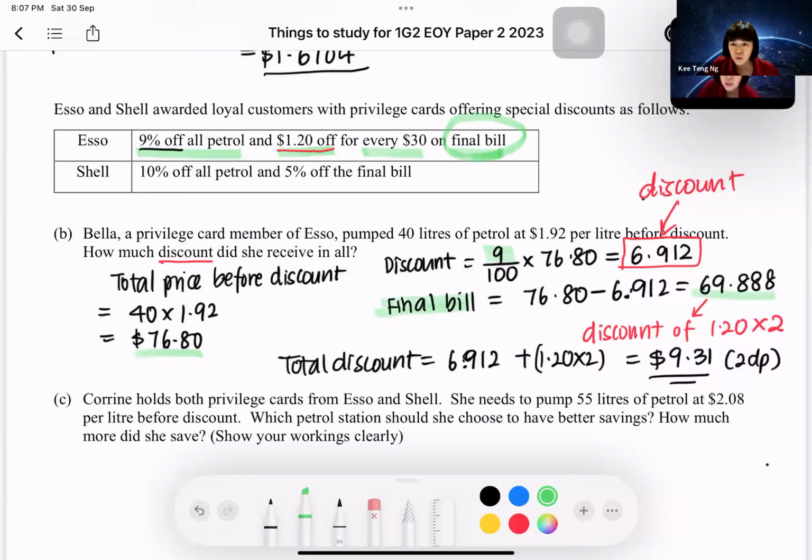And this is 2 sets of $30, so the discount will be 2 times $1.20. They want us to count the discount in total. I have my discount just now, $6.912, and so I take the discount 6.912 plus 2 sets of $1.20 to give me my final answer, 9.31.